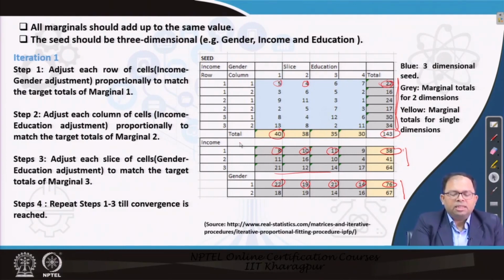Dividing the target by the current total, we get a proportion, and then we multiply with this to get the new values. Similarly, adjust each slice of cells, the gender education adjustment, to match the target totals of marginal 3. And we then repeat steps 1 to 3 until convergence is reached, in the same way we did the previous IPF of 2 dimensions.